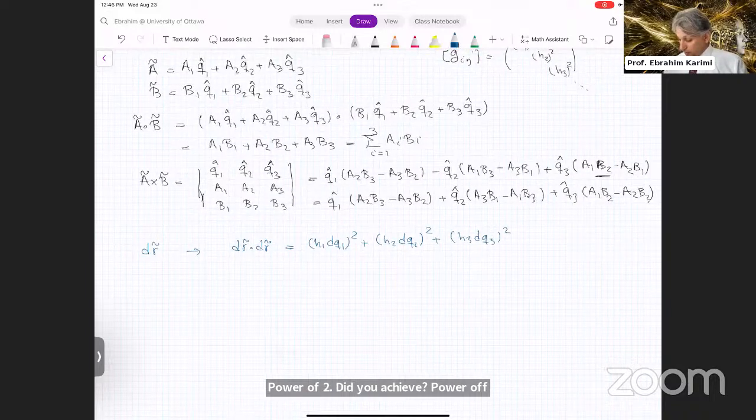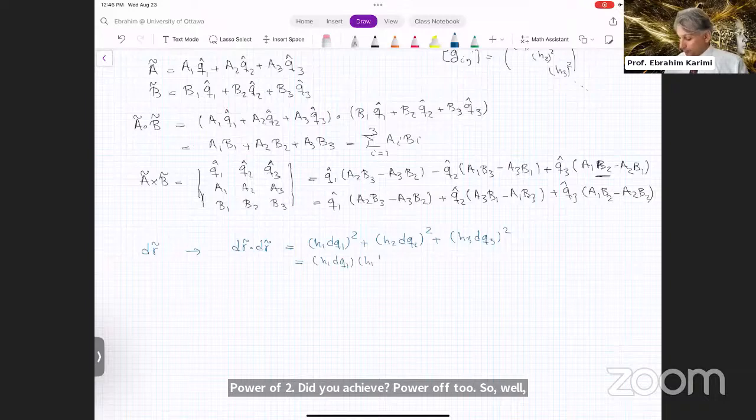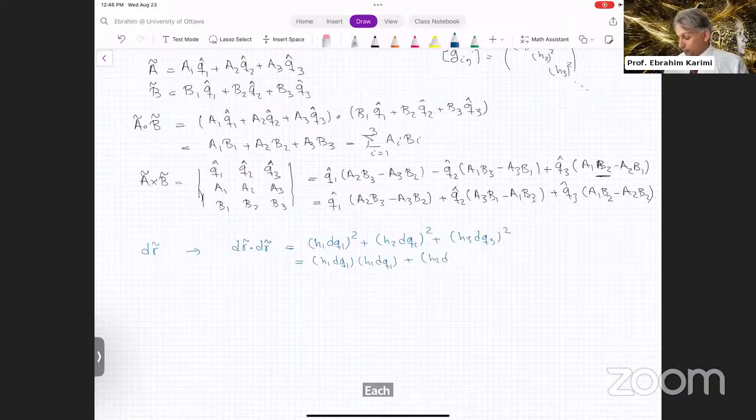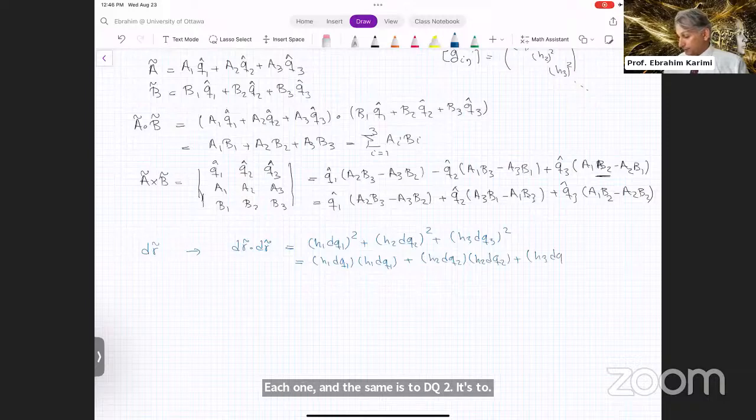This looks like h1 dq1 times h1 dq1, and the same for H2 dQ2 and H3 dQ3.